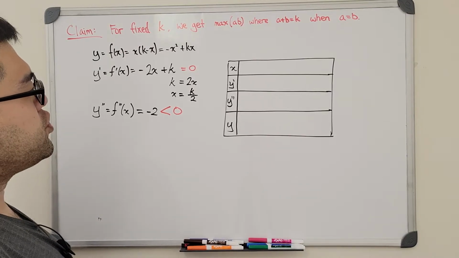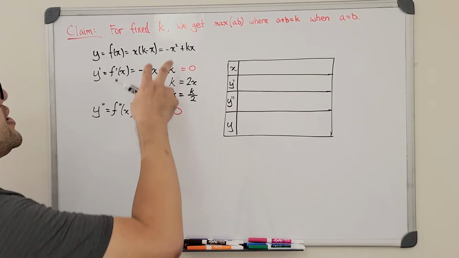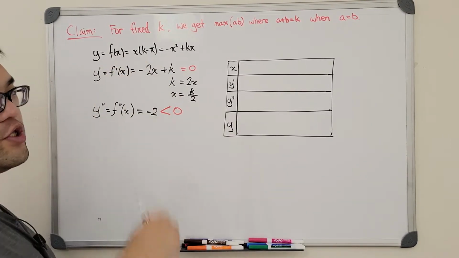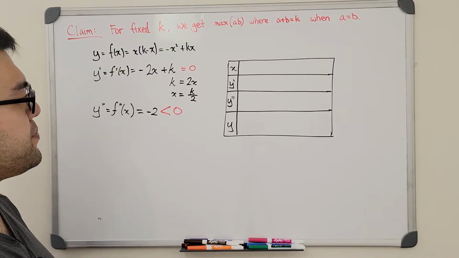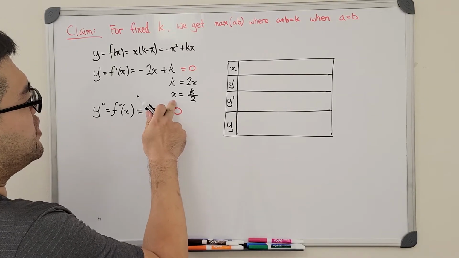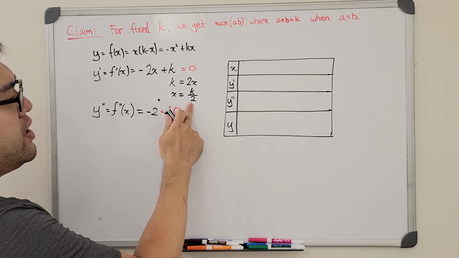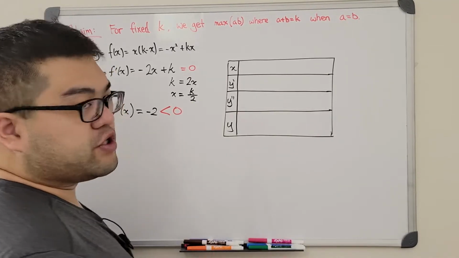Now, what should we put here? Well, remember we say that this original function has two solutions, or two roots, at 0 and k. Next, we also have this specific value, k over 2. So now we need to split it into two cases.